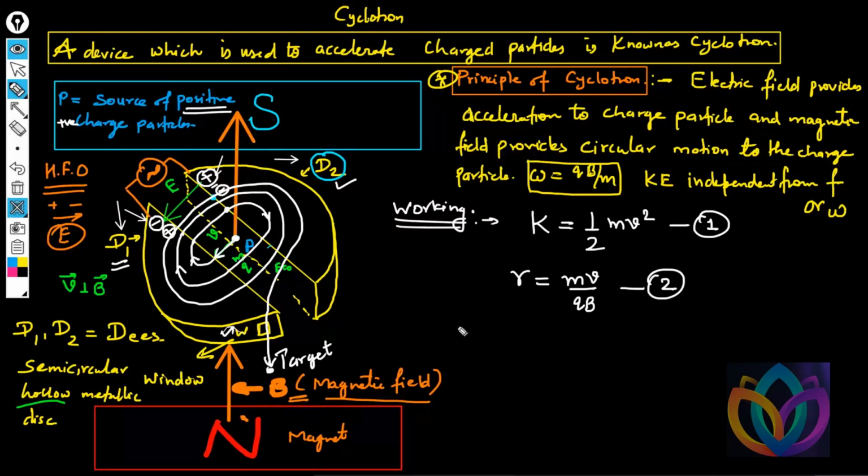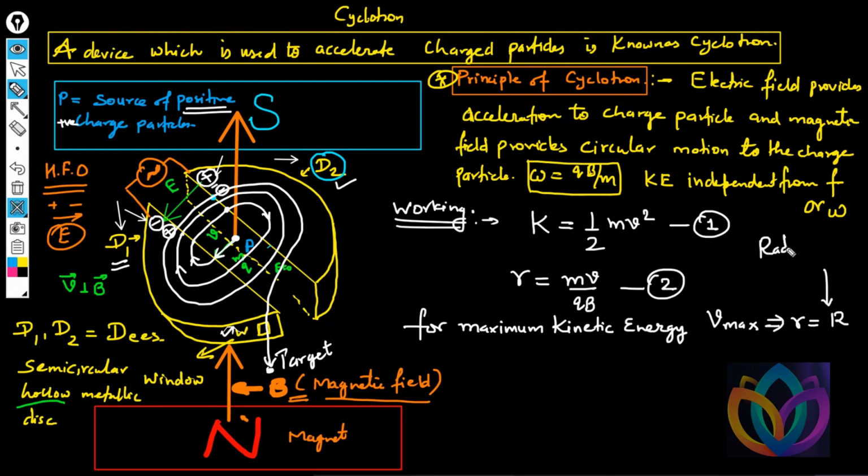Now, if I want to calculate the maximum kinetic energy, remember that for maximum kinetic energy, velocity should be maximum. Velocity will be maximum if and only if the radius of the charged particle's path is equal to the radius of the disk.